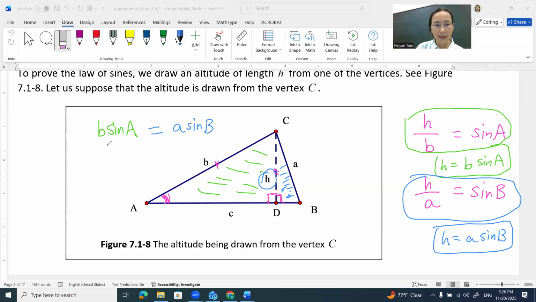We can rewrite this. Since this is an equation, we can divide both sides by, for example, sine A and sine B. The goal is to make it a little easier to recognize.